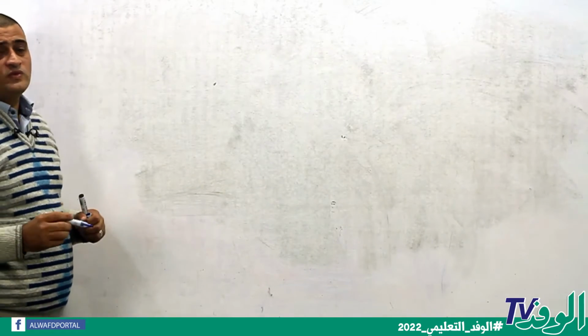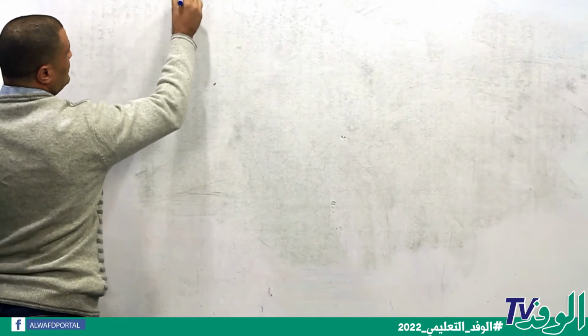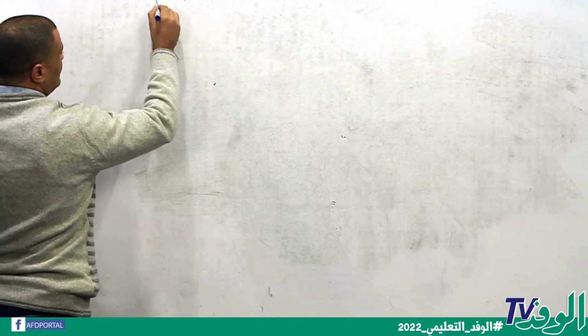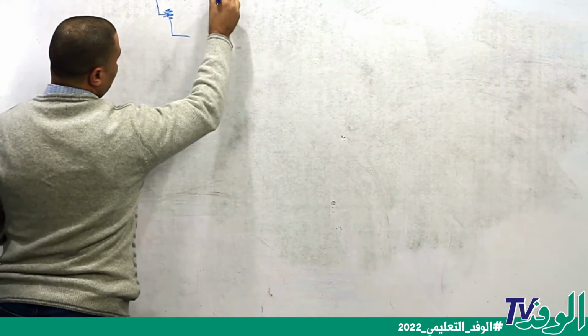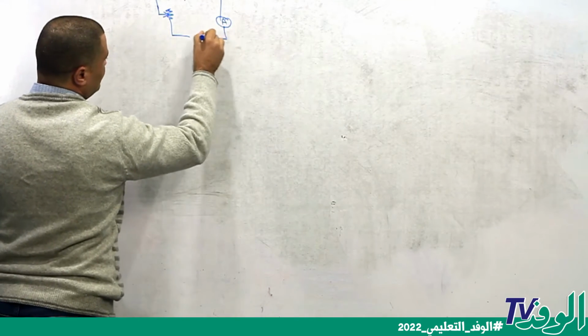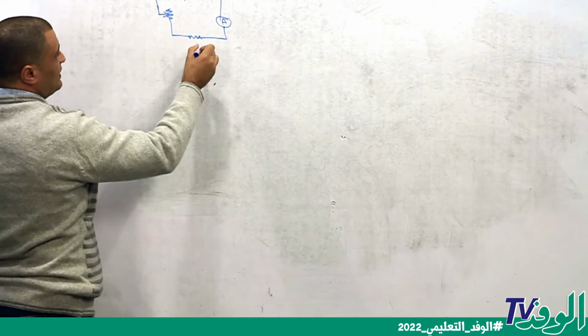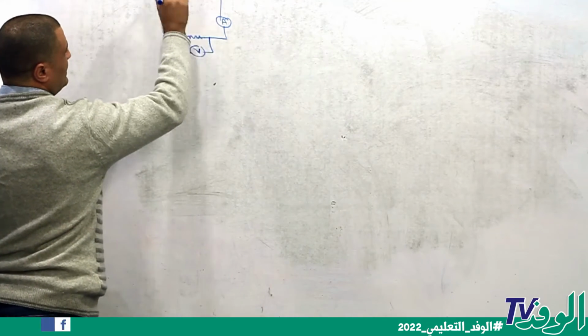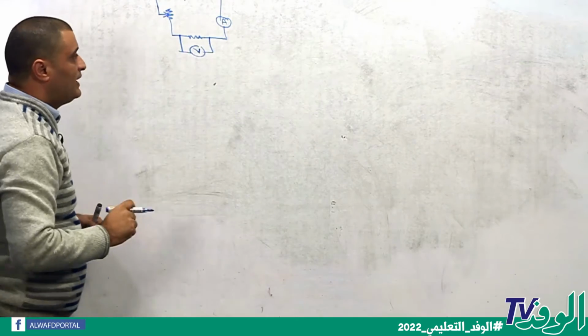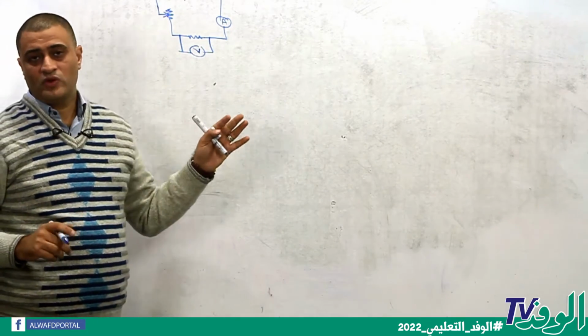The circuit of Ohm's law can be drawn as follows. It has a battery, variable resistance, ammeter, fixed resistance, voltmeter, and the key. This circuit is used to verify Ohm's law.